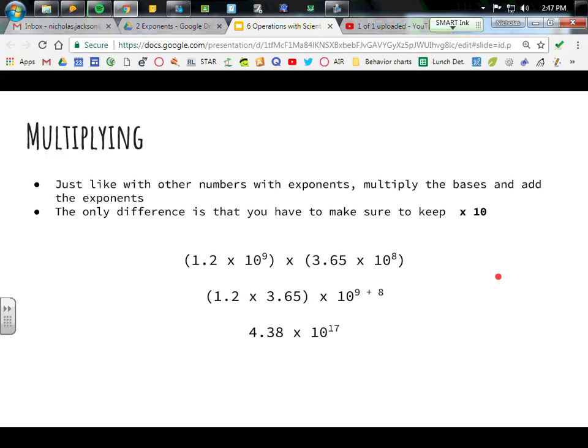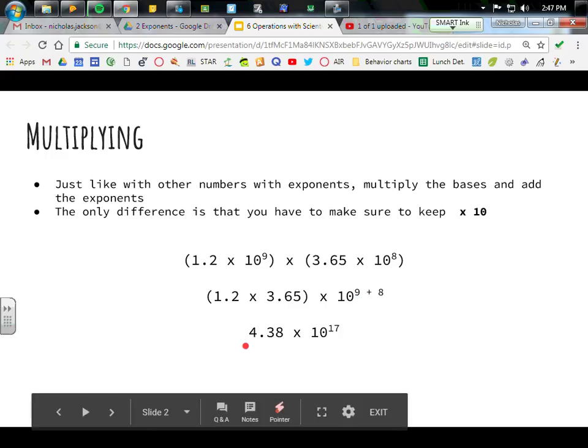So if you have two scientific notations, such as 1.2 times 10 to the 9th times 3.65 times 10 to the 8th, we're going to multiply the bases 1.2 and 3.65, and then we are going to add the exponents. The exponents here are 9 and 8. When we multiply this, we get 4.38, and then we add here, we get 17.